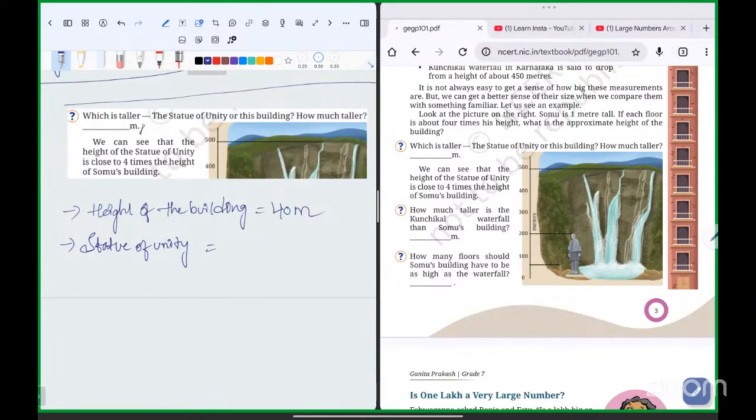But below they have given us a condition, because we can see that the height of the Statue of Unity is close to four times the height of Somu's building. So firstly, what is the height of Somu's building?